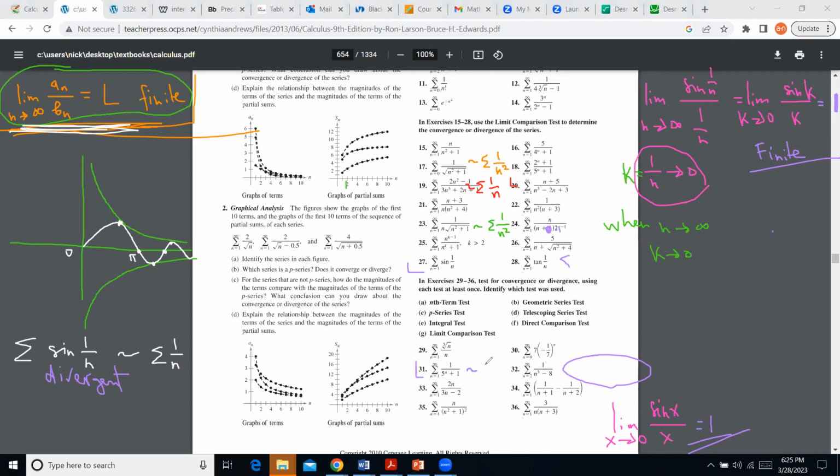Yeah, that's a geometric series, right? It's 1 over 5 to the power of n. And that's a convergent series, isn't it? Because remember, the ratio is 1/5.